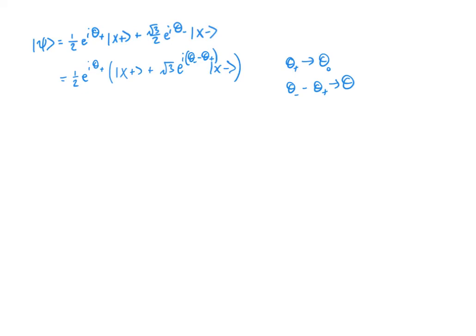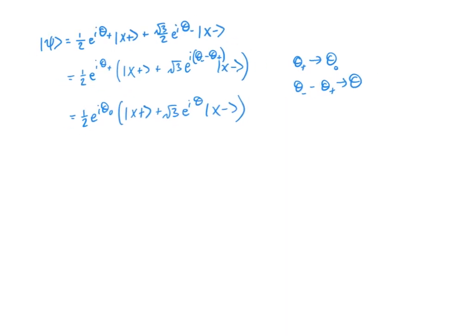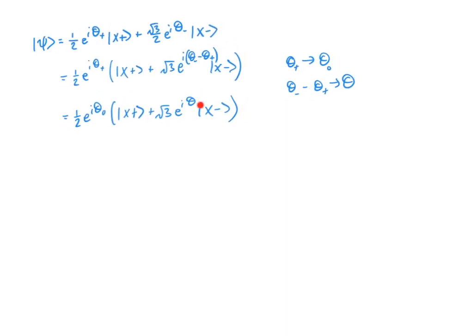And so this gives us the expression 1/2 e to the i theta naught times our state x plus the square root of 3 times e to the i theta x minus. And the reason why I'm doing that is because I have foreknowledge that it's going to be easy to find out what theta is, and it's going to be challenging. In fact, it's going to be impossible to find out what theta naught is.